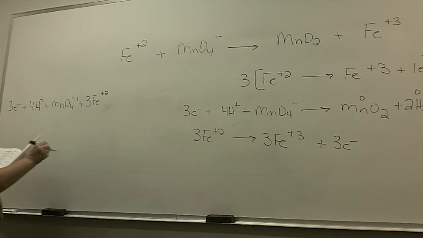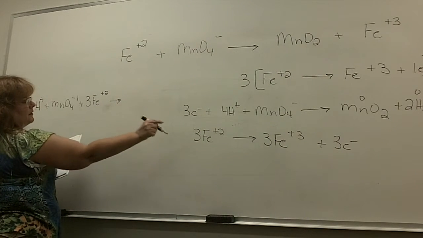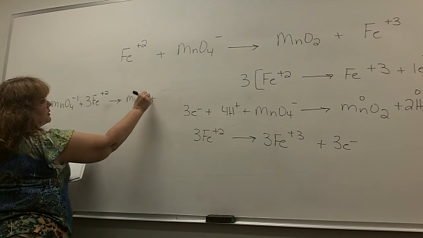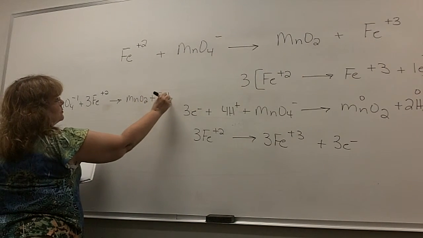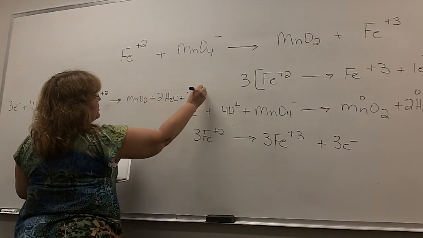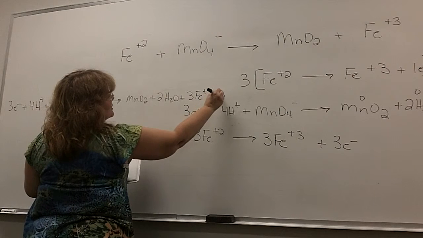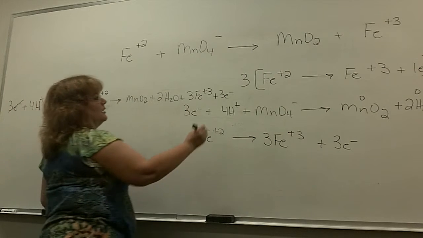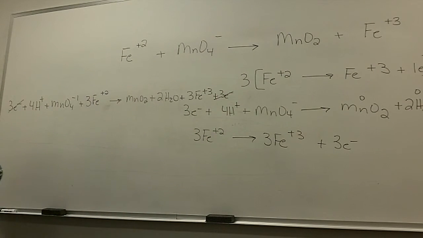And then on the product side, I've got MnO2 plus 2H2O plus 3Fe3+ plus 3e-. And then your electrons cancel. So my electrons cancel out here and here.